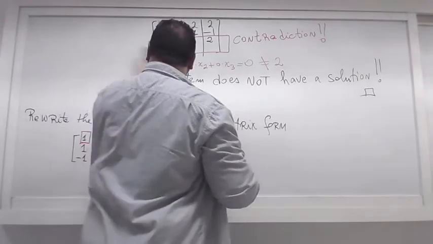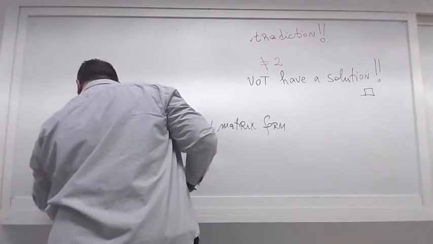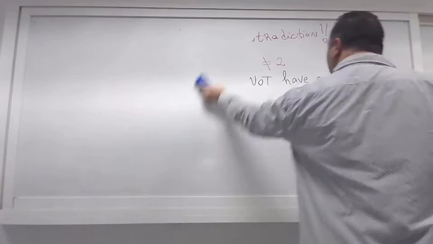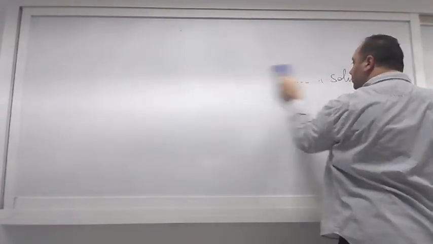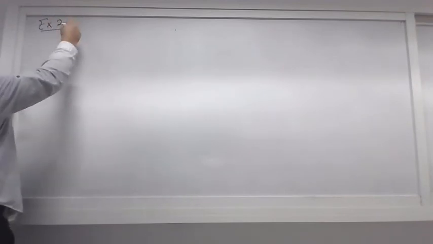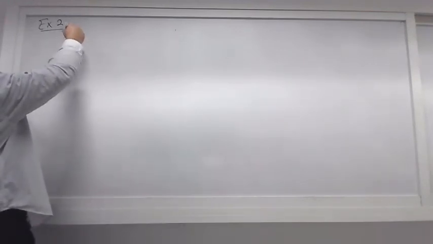Let's take another one, because this one doesn't have a solution. Fine. So example 2. Instead of just saying solve, I'll say now, for fun, just to change vocabulary, use elementary row operations and Gauss-Jordan method to solve the following system.